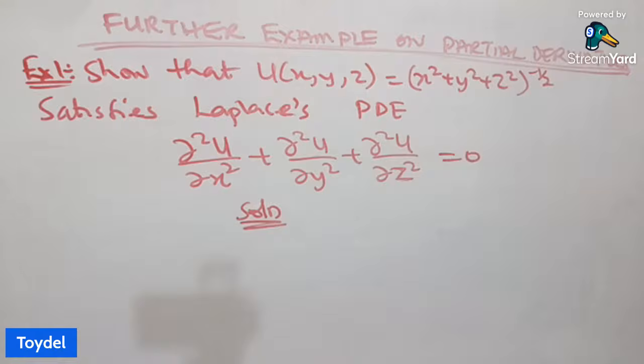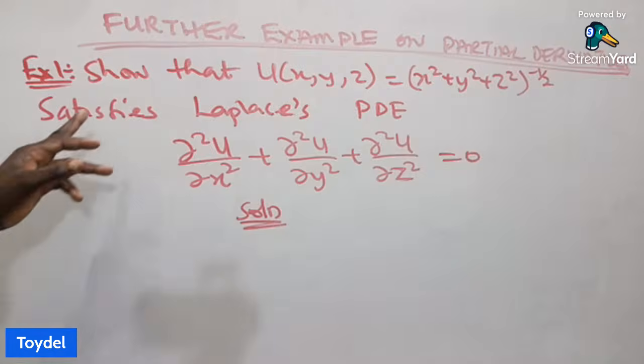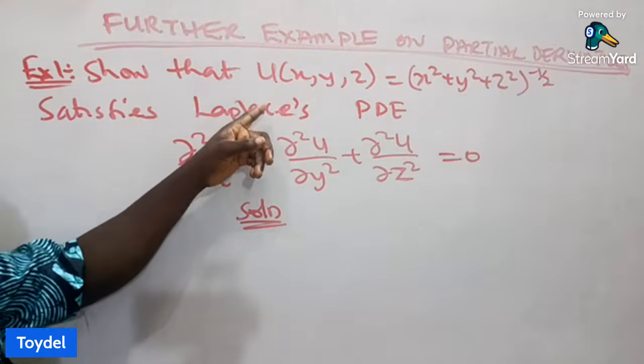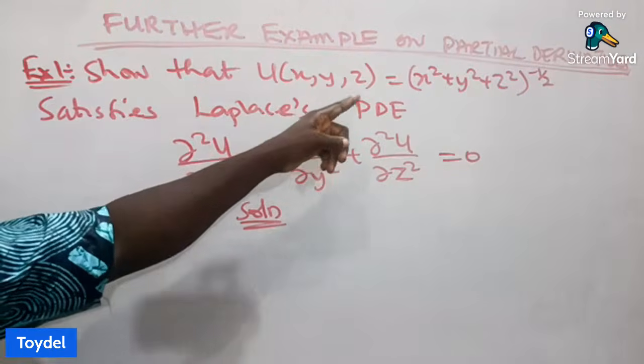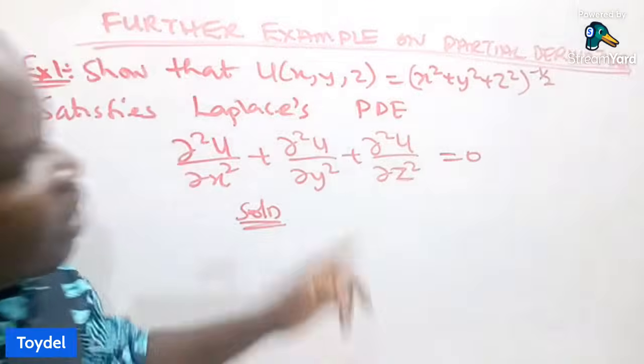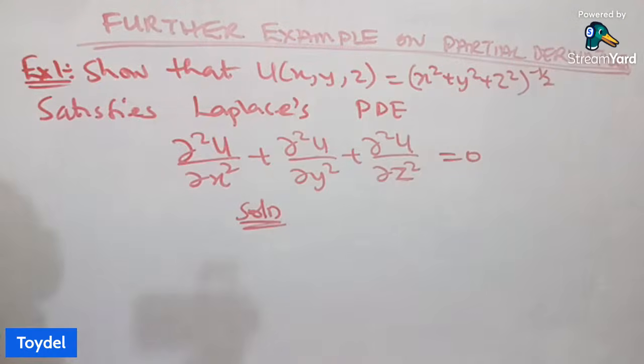I want us to consider a further example on partial derivatives. Of course, we have discussed partial derivatives. In this question, we are to show that u of x, y, z is given as x squared plus y squared plus z squared, everything raised to power minus half.